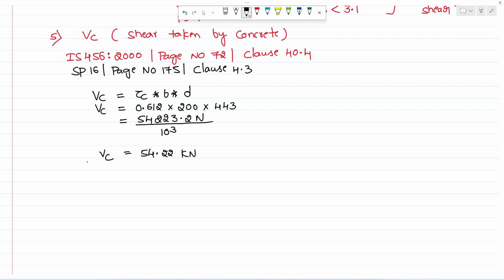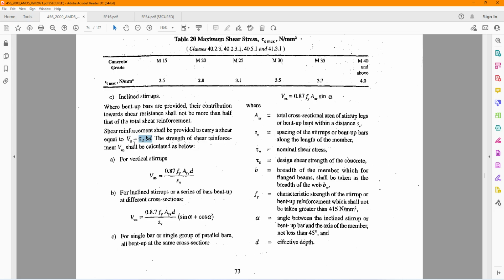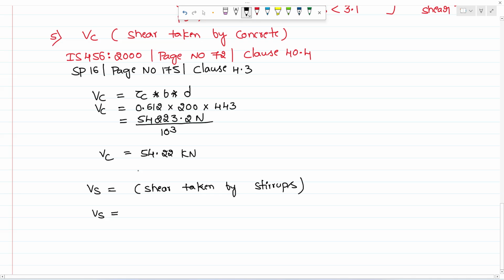Next we shall calculate Vs. It is shear taken by stirrups. We have the formula: if you open the code, Vs equals Vu minus tau C BD.